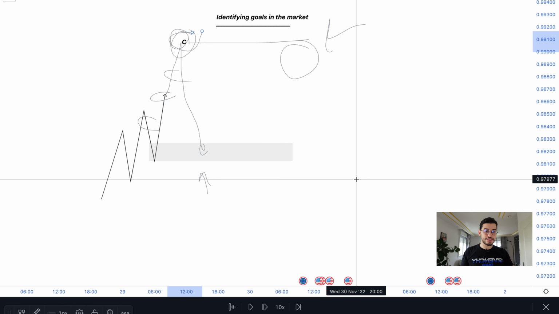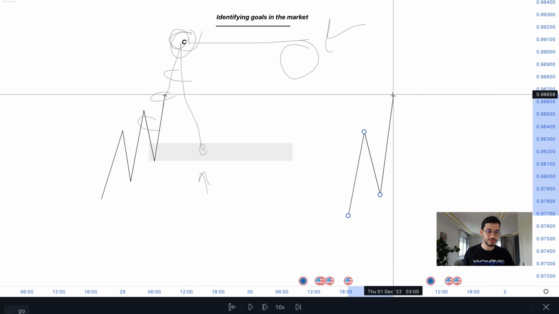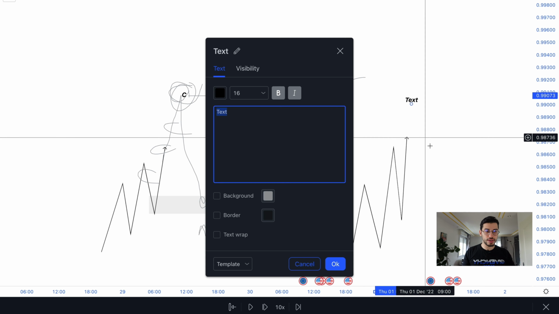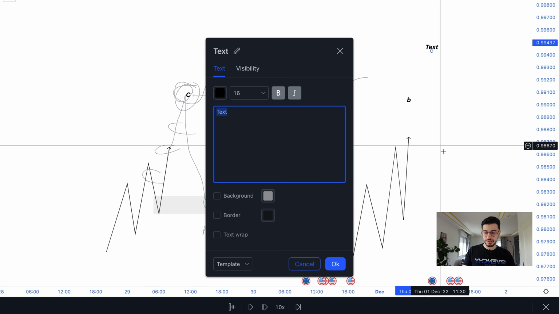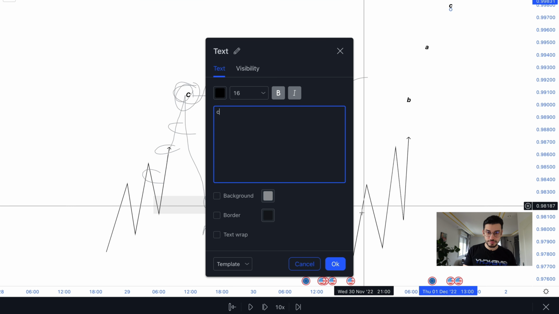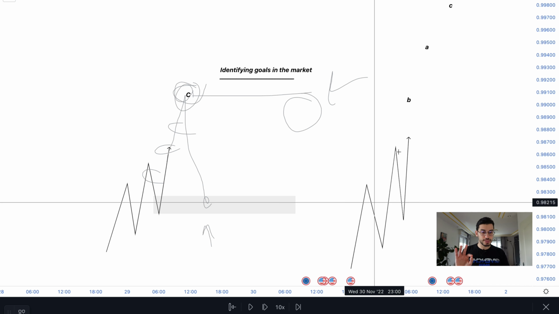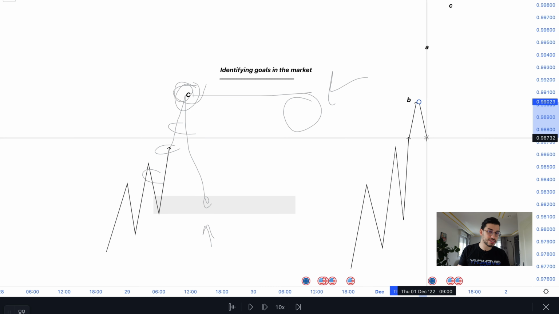And on top of that, let's say that the market is going up. Let me just find my arrows right here. Let's say the market is going up and you choose multiple goals. Let's say you're like, okay, the market could either push into this goal right here, or this goal right here, or maybe this goal right there. Since you're choosing your goals based on accurate metrics that I'll show you, for example, liquidity graphs, I will talk about it right now, then there is a possibility that you get a small retracement after the market reaches its potential goal.